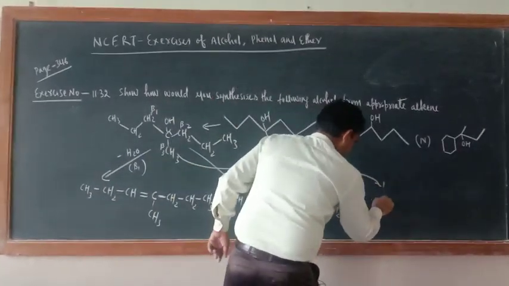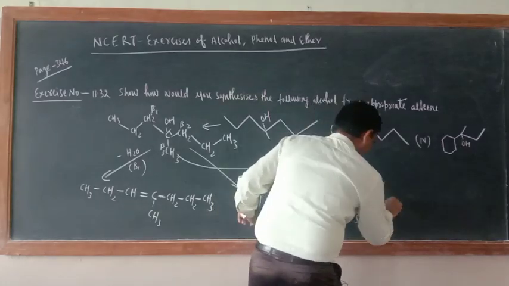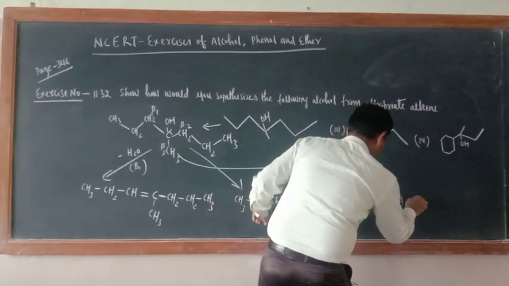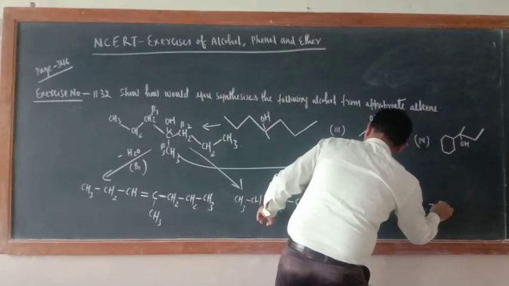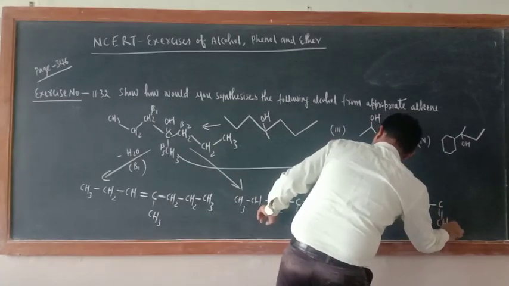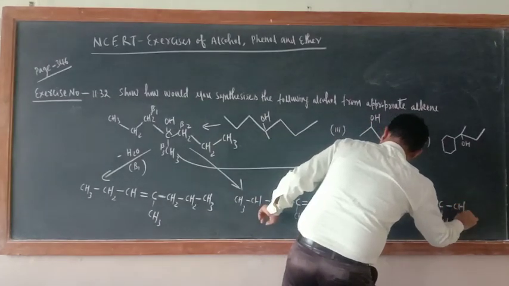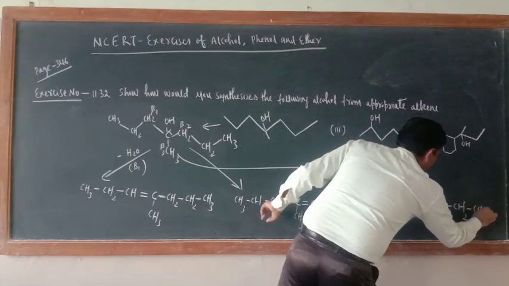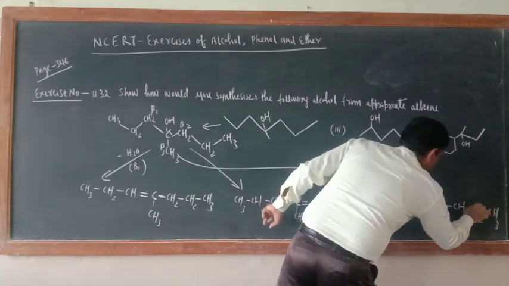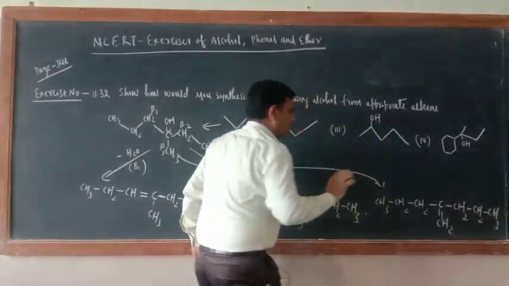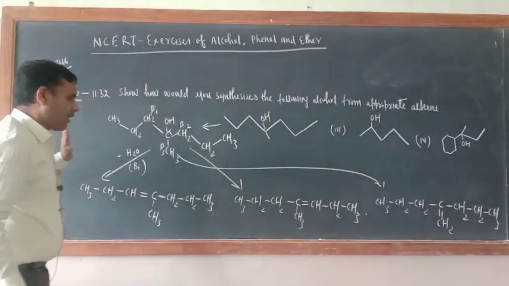Just see, CH3 CH2, C double bond CH2 and CH3. 1 2 3 4 5 6 7. So 3 types of alkene are formed, or not?